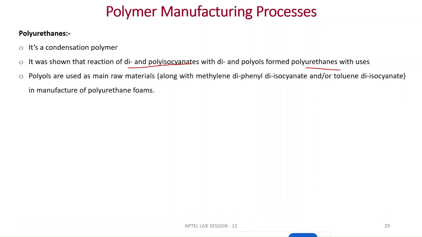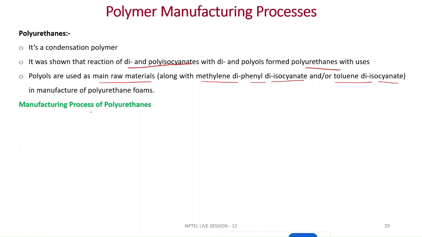Polyols are used as a main raw material along with methylene diphenyl diisocyanate or toluene diisocyanate in the manufacturing of polyurethane foams.